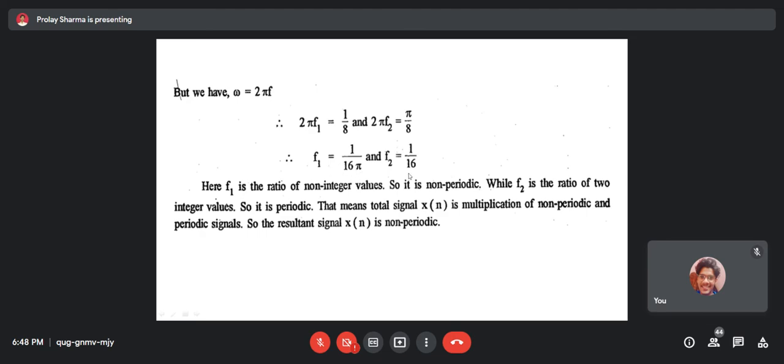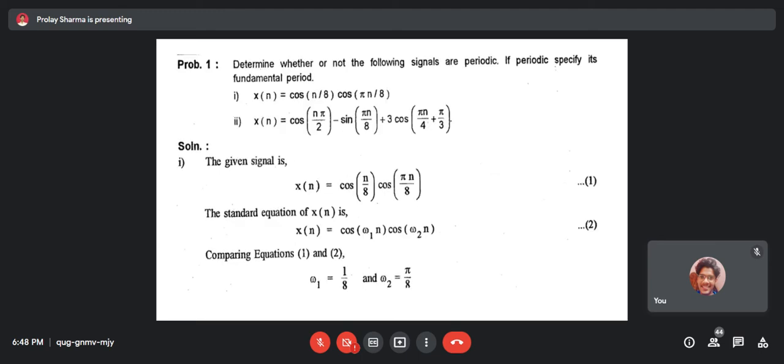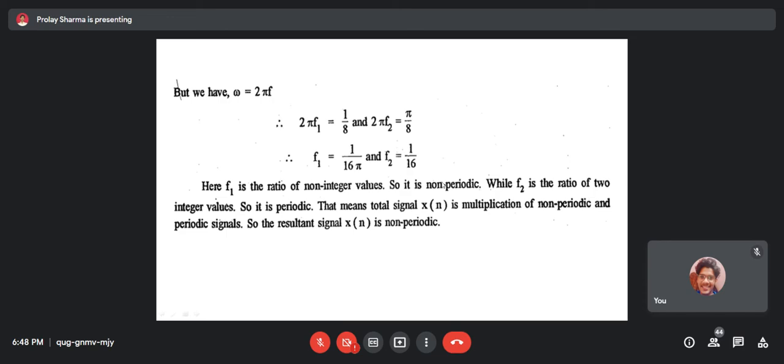So it is not an integer, it is a fractional value. So the rule is that if the signal is a ratio of two non-integer values, then the signal will be non-periodic. So the first expression, cos(n/8), is a non-periodic signal.